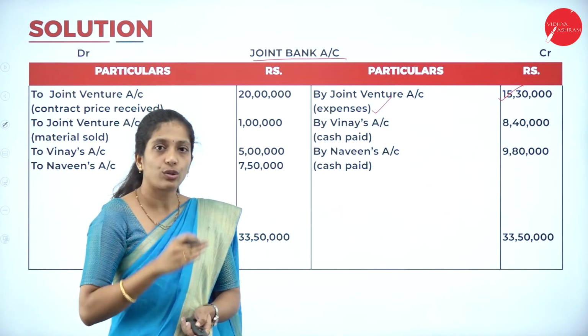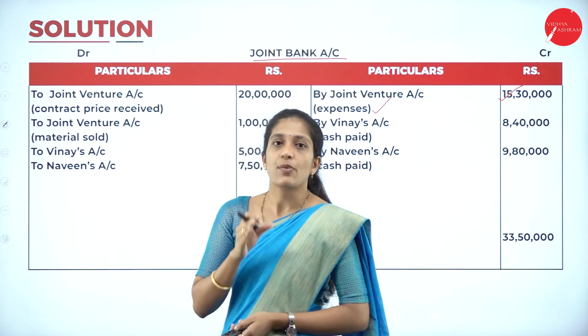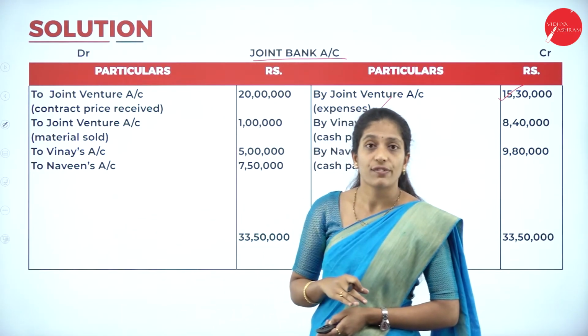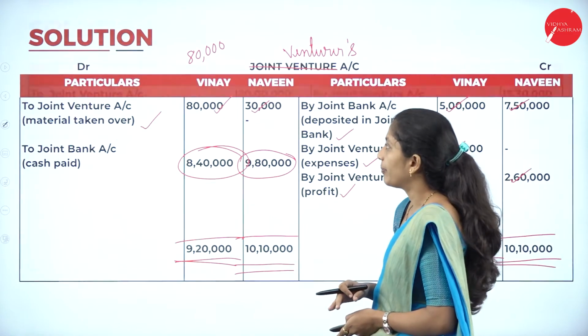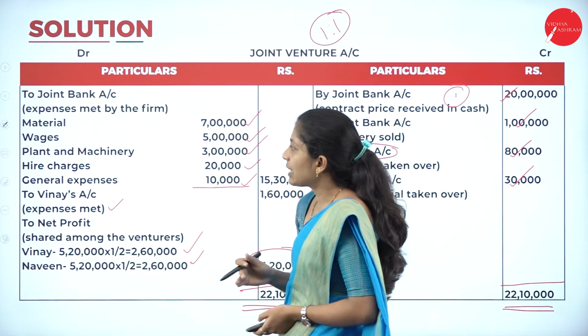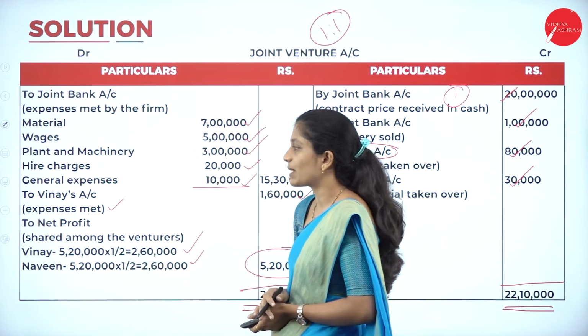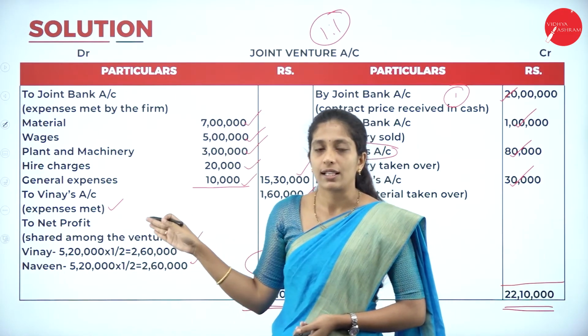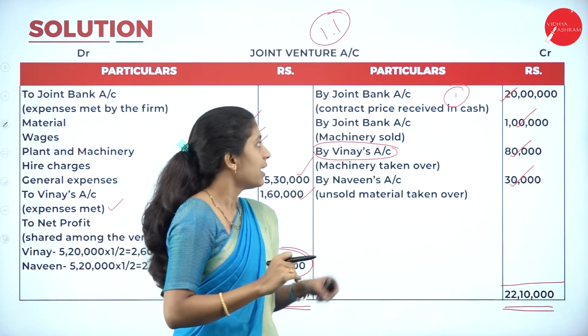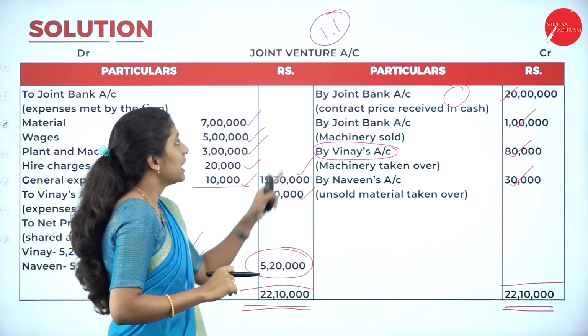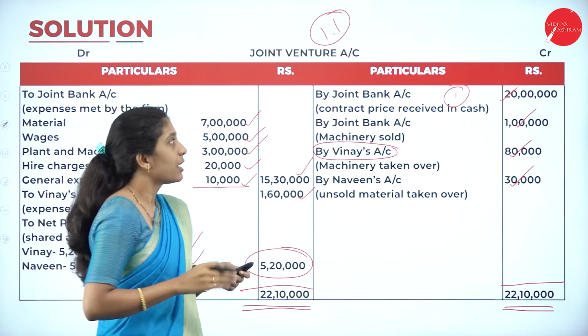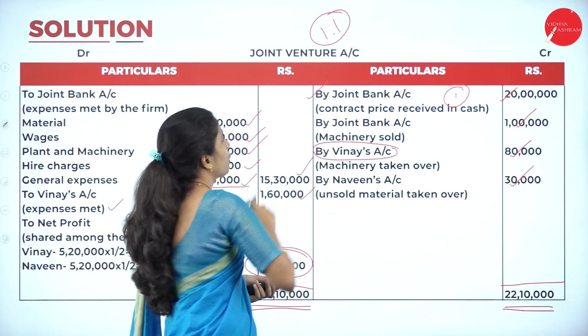In the same way, go through the joint venture account again and see whether any amount has been transferred to the joint bank account. On the debit side, we have already recorded this. Next, on the debit side, there is no other entry. Now come to the credit side. Here we have contract price received in cash, which has been transferred to the joint bank account.